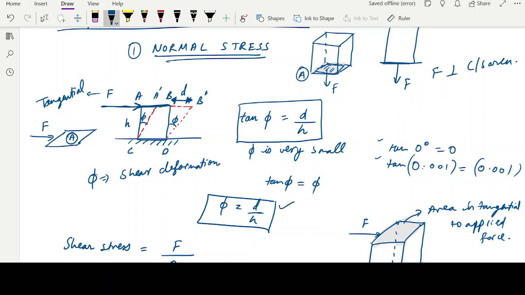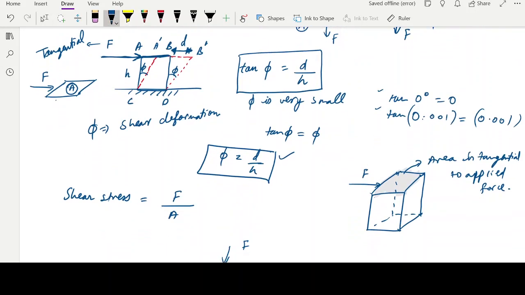Shear stress is F by A, you can see here. I've explained here as well the tangential shaded area. F is tangential to this area. So this stress is known as tangential stress or the shear stress.